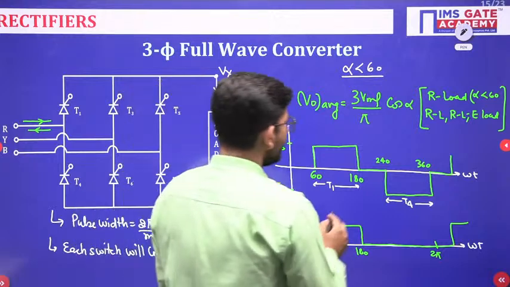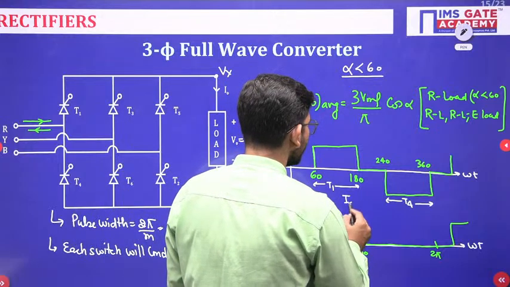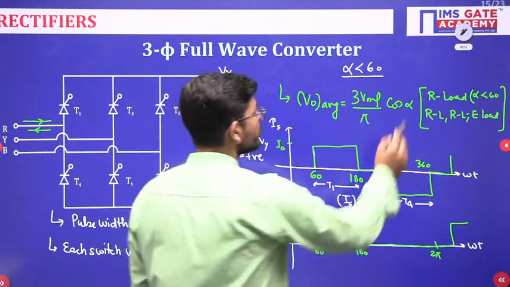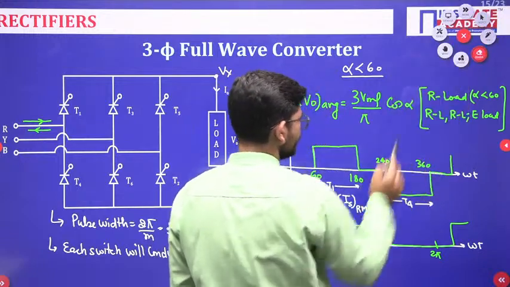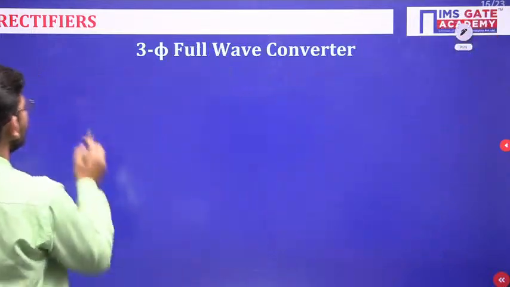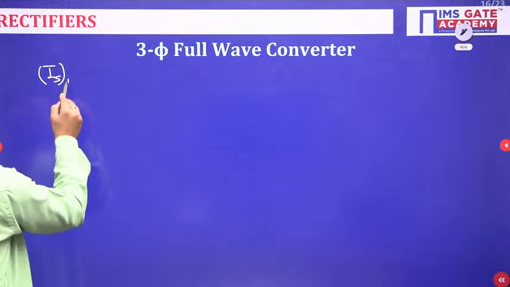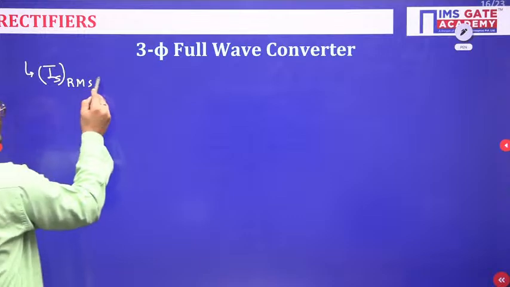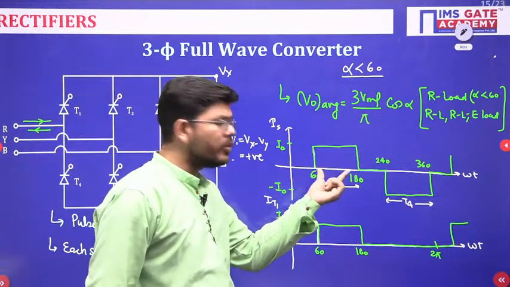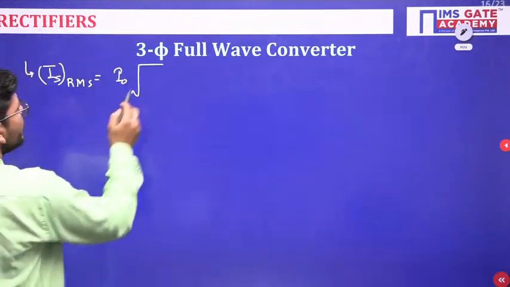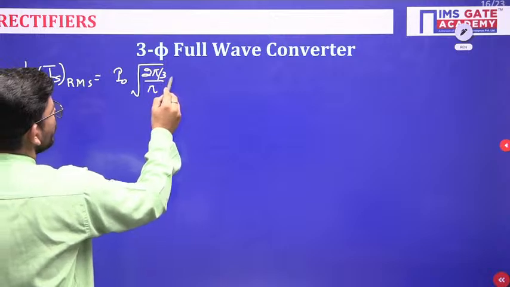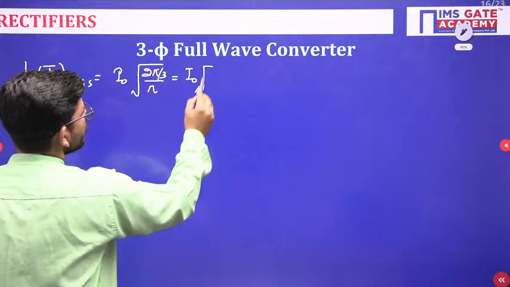If I have to calculate my source current RMS value, looking into this source current waveform, the magnitude is I naught and the source current is present for this 120 degree duration. So I will write 2 pi by 3 or 120 upon pi, and I will get I naught under root 2 by 3.